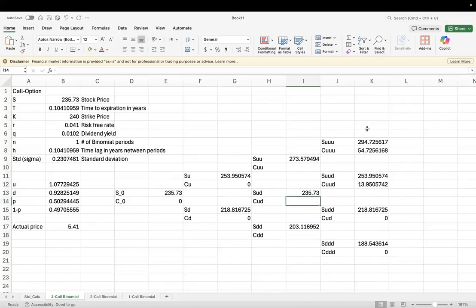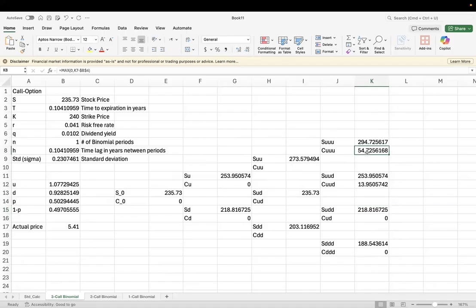So again, this works backward. You start from the last node of the binomial tree, and by last node you calculate SUUU, SUUD, and so on, where essentially SUUD is SU. So these two numbers are exactly the same, and then these two numbers are exactly the same. And then you calculate the call option.